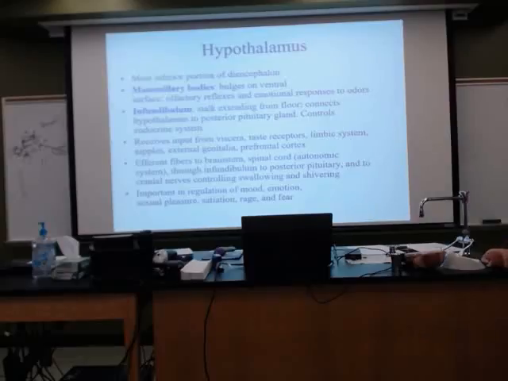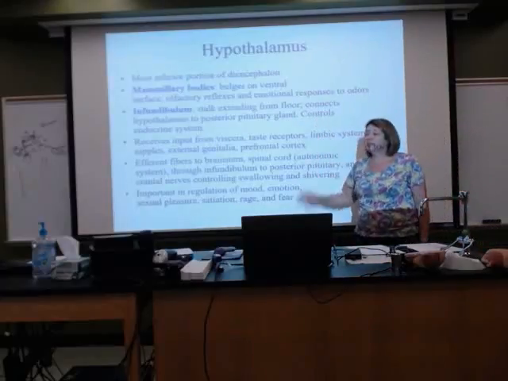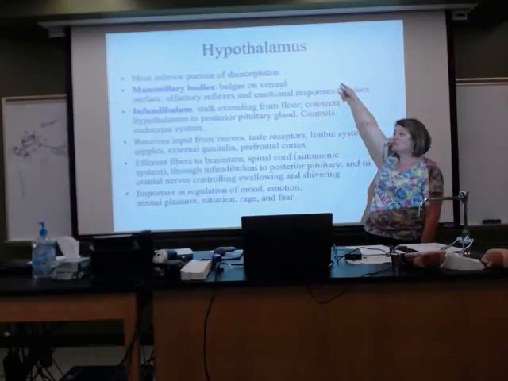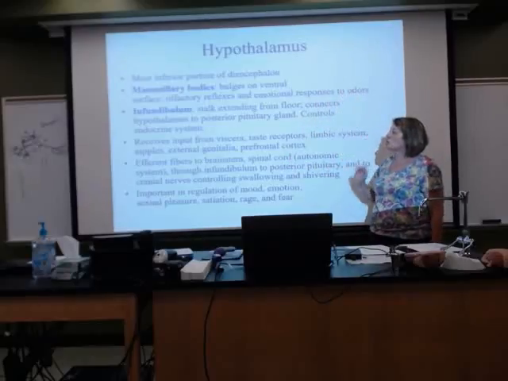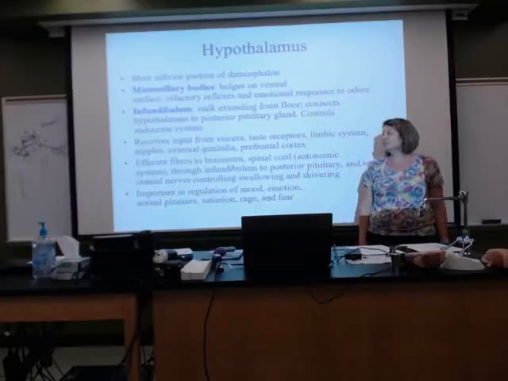It's referred to as being a stalk, like that pituitary gland hanging from the base of the brain. So the hypothalamus has that direction, that connection to the pituitary gland. Therefore, the hypothalamus is controlling the endocrine system.